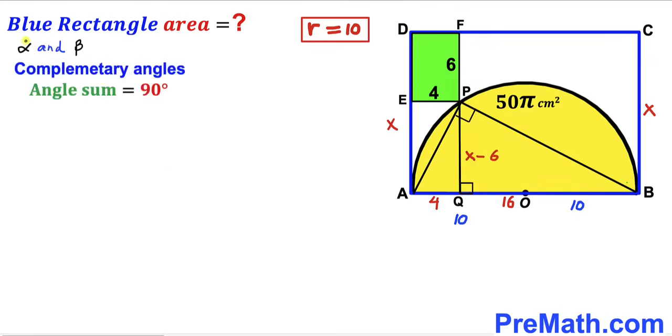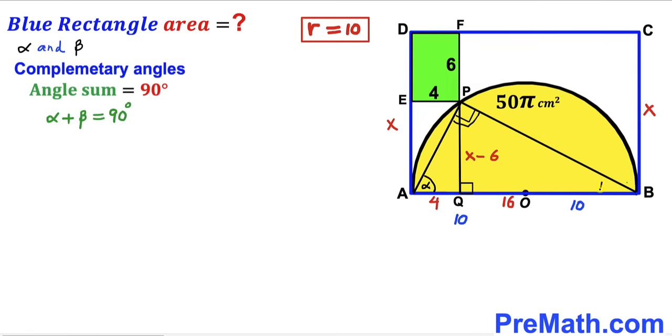And now let's assume that alpha and beta are our two complementary angles. In other words, the sum of these two angles, alpha plus beta, must be equal to 90 degrees. Let's assume that this angle is alpha, and we know this whole angle is 90 degrees.